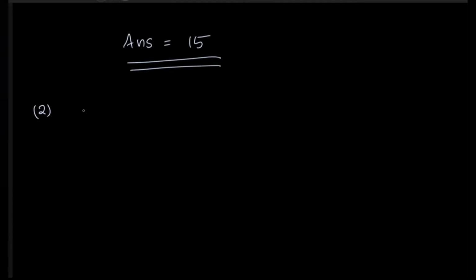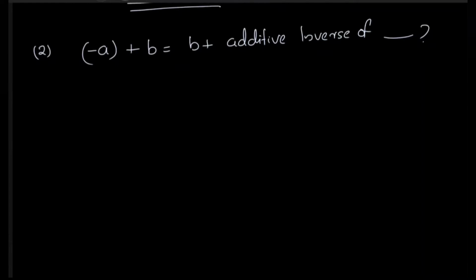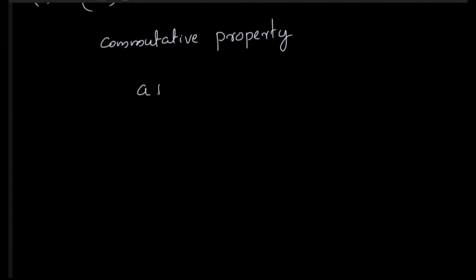Our second question is: negative a plus b equal to b plus the additive inverse of a. Here we are applying the commutative property. In the commutative property, we interchange the numbers and the answer remains the same, that is, a plus b equals b plus a.